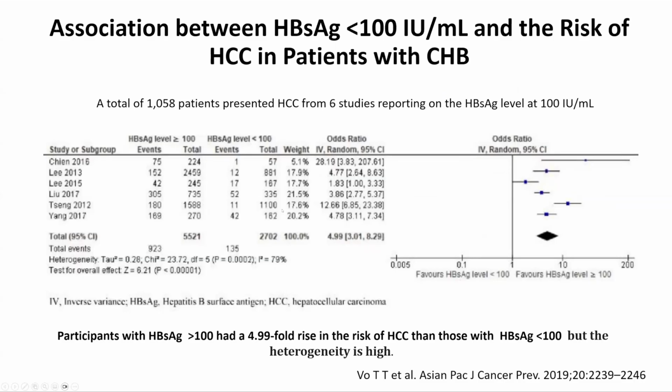Patients with HBs antigen above 100 IU had about a 5-fold higher risk of developing HCC than those below 100, which reinforces 100 IU per ml as a meaningful threshold.